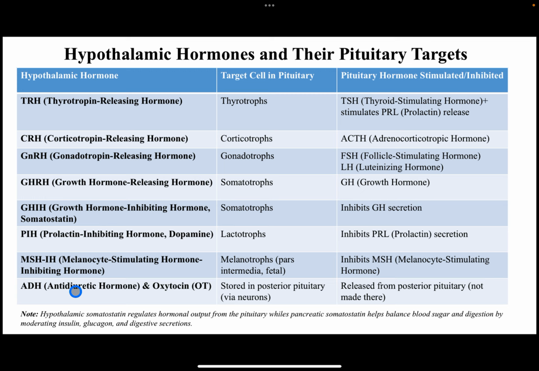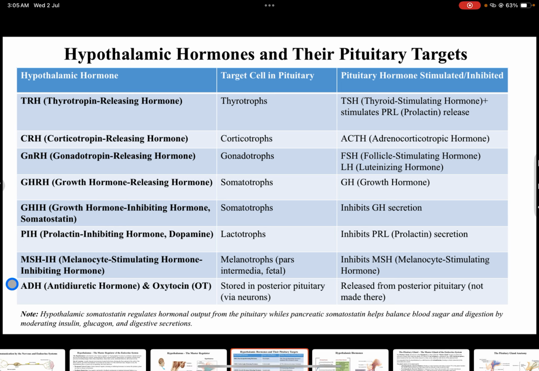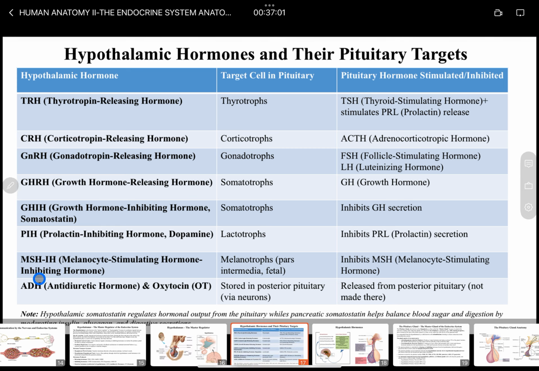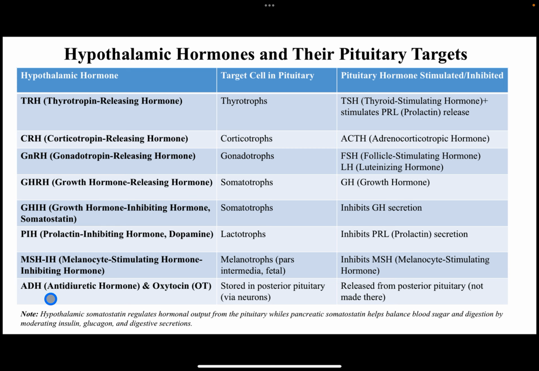The axon terminals of the nerve fibers connecting the hypothalamus to the pituitary are within the pituitary, so their secretory vesicles are released and stored inside the pituitary gland. So apart from antidiuretic hormone and oxytocin, all of them are produced and stored in the hypothalamus, but only these two are transported to the posterior pituitary to be stored.